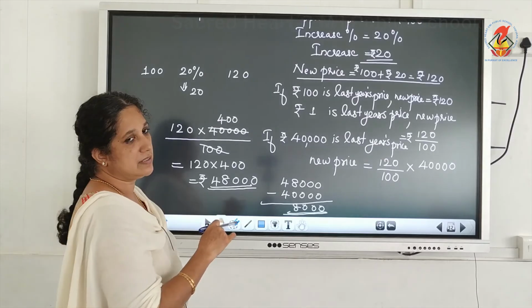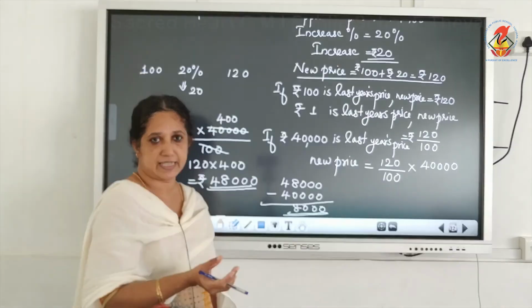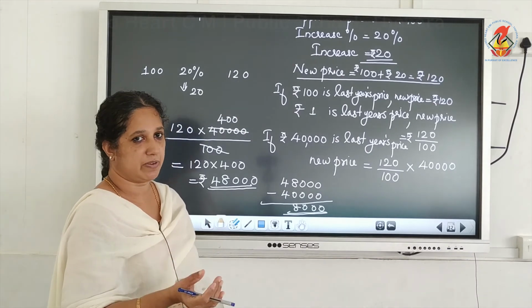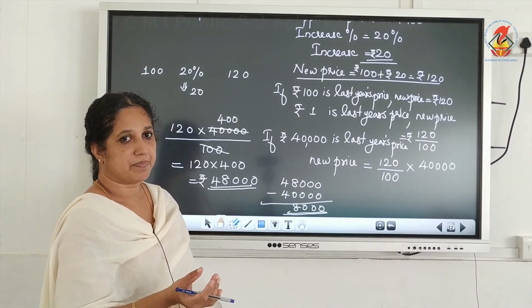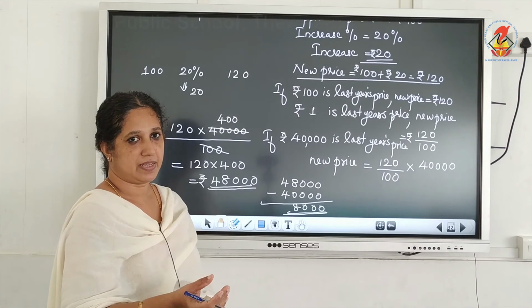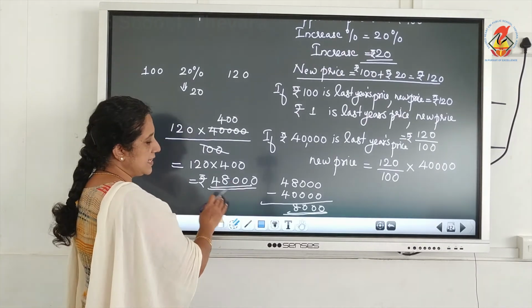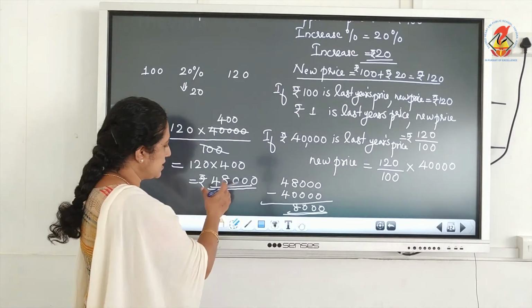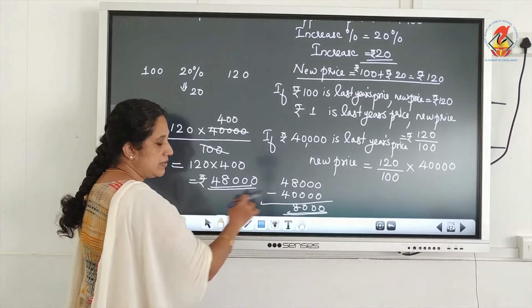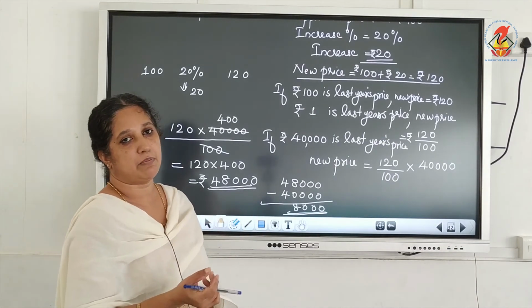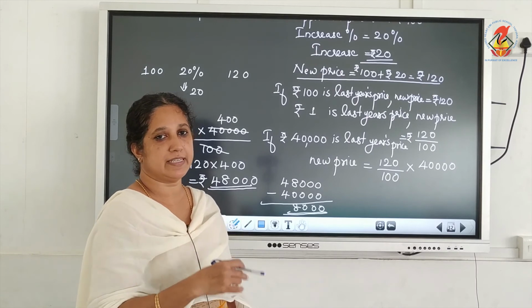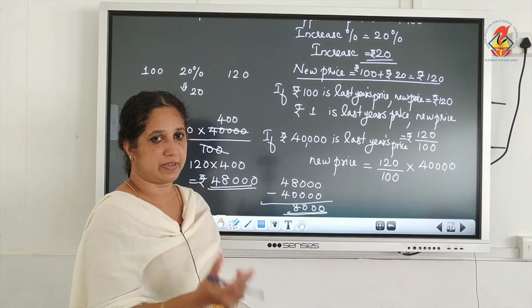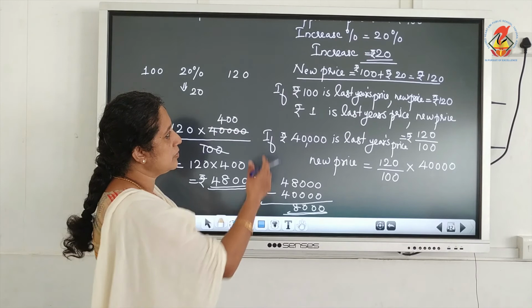So in the first method, first we find the increased amount and after that we find the new price. Here in the unitary method, we get the new price first, and after that we can find the amount of increase. So this is the unitary method.